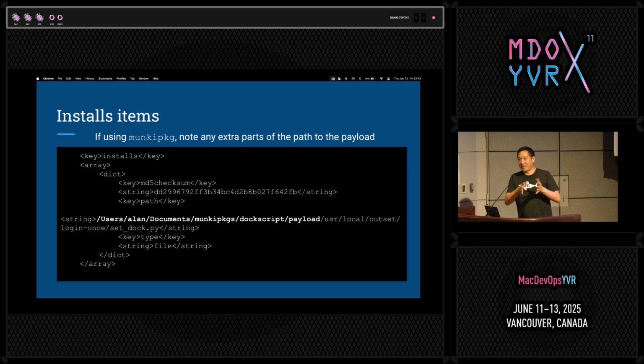You have all of your package source living somewhere on your computer. If you then build it and make your installs array based on where it lives on your computer, that's not where it's going to live on everybody else's computer, so you can get an install loop there. So I'm delivering something like a script to user local outset login-once, but then Munki in this scenario would be looking for it on everybody's computer under users, Allen, Documents, Munki packages, and so on.